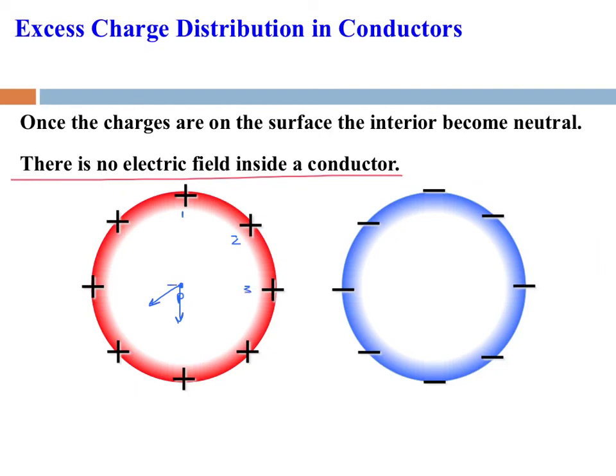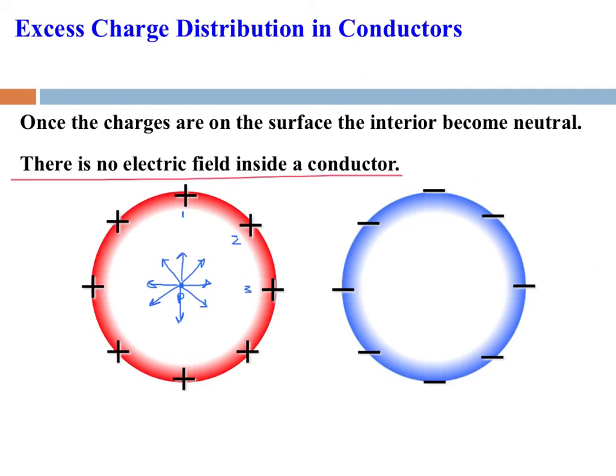Charge 3, here, here, here, here, and here. Now these are all the electric field directions from these charges shown here. Now what you notice is because an electric field is a vector, all these vectors are going to cancel each other out. Remember that all of these charges are going to have the same charge, and they will all be the same distance away from the center. So there is no electric field inside of a conductor.